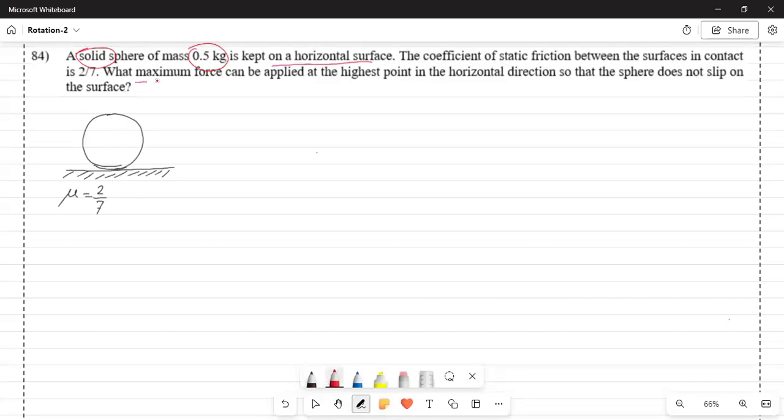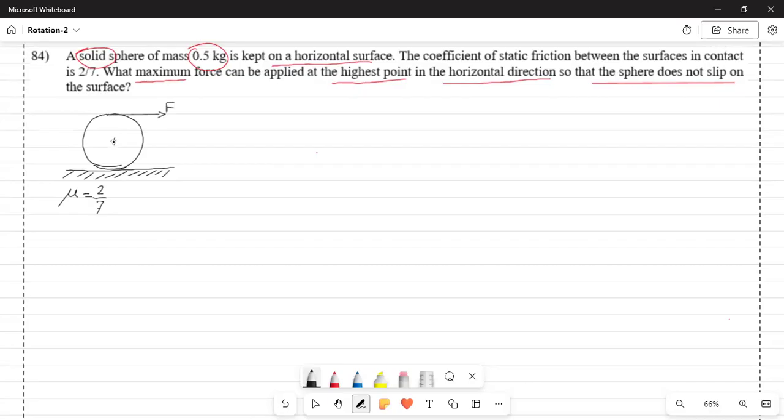What maximum force can be applied at the highest point in the horizontal direction so that the sphere does not slip on the surface? That means at this point, a force is applied, say force F. What maximum force can be applied?